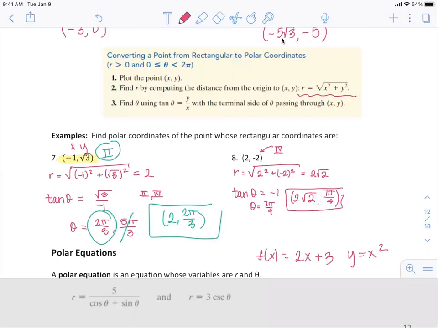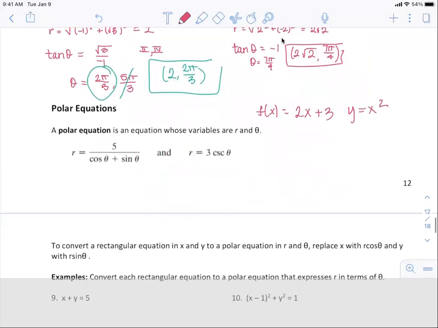These are in terms of x and y. A polar equation, since we have r and theta, is going to be in terms of r and theta. So here are two examples of polar equations, and these are both r written in terms of theta. So r has been solved for to get by itself.